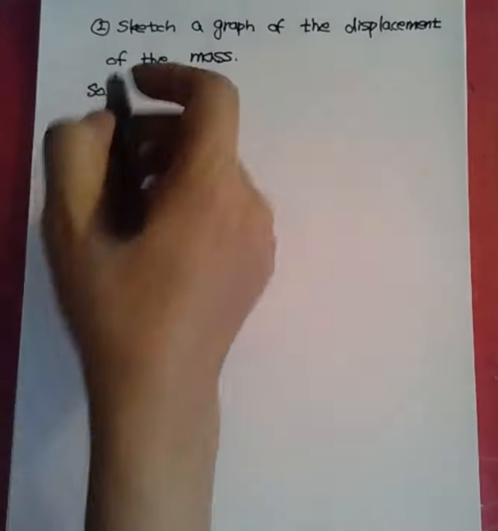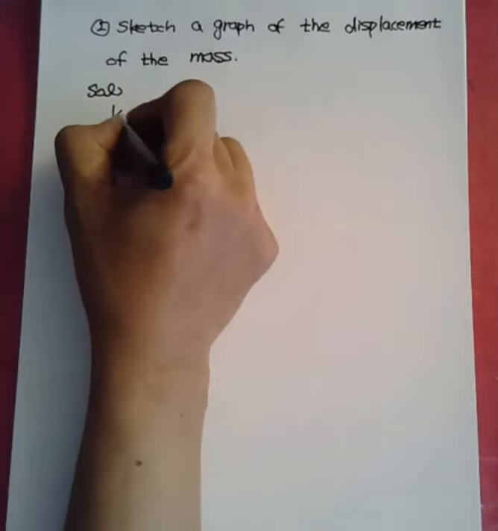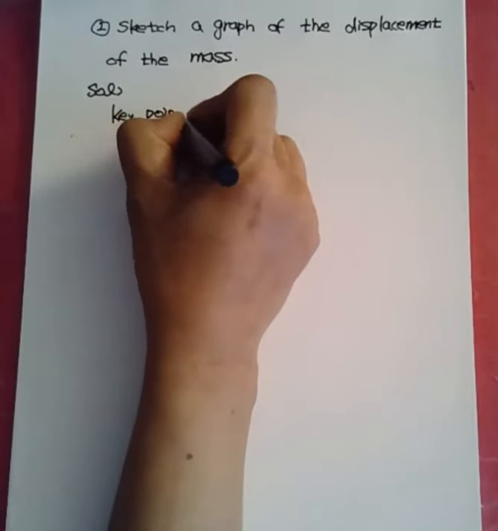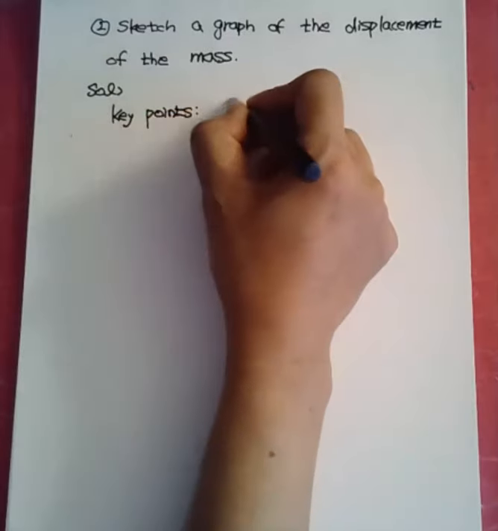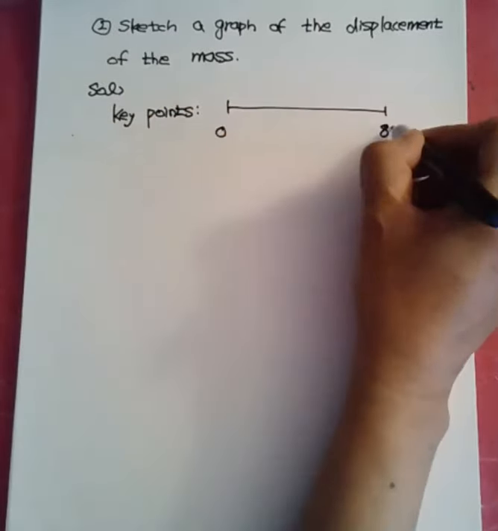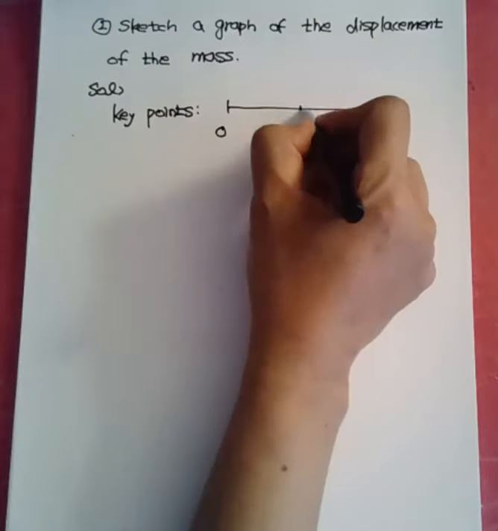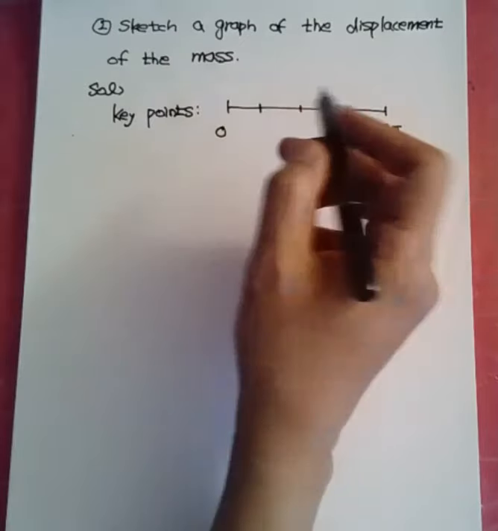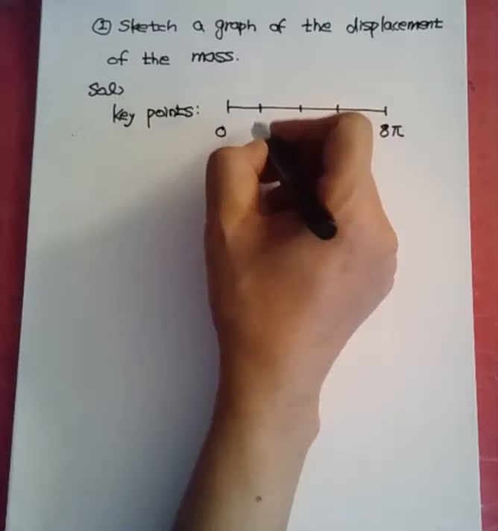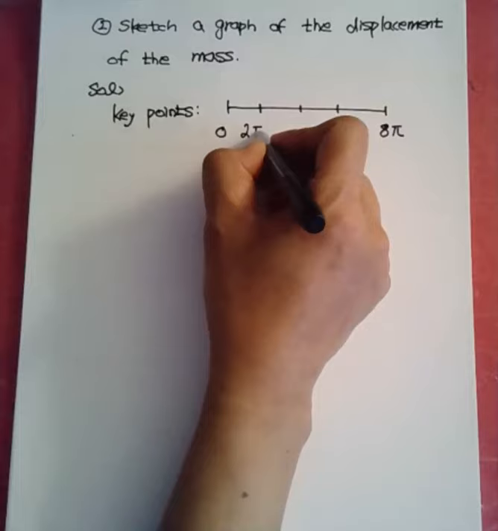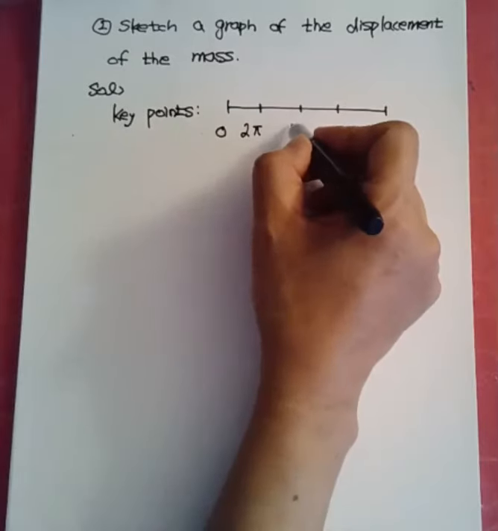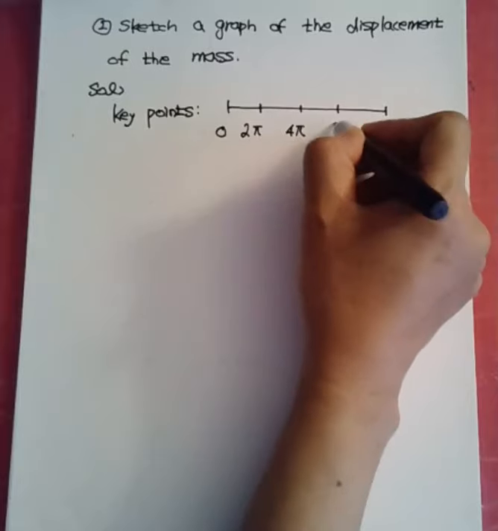All we have to think about is key points before we actually graph it. The period is 8 pi. We subdivide into 4 equal intervals. So I don't have to write down the formula because 1/4 of 8 is apparently 2, then 4, and 6 pi.